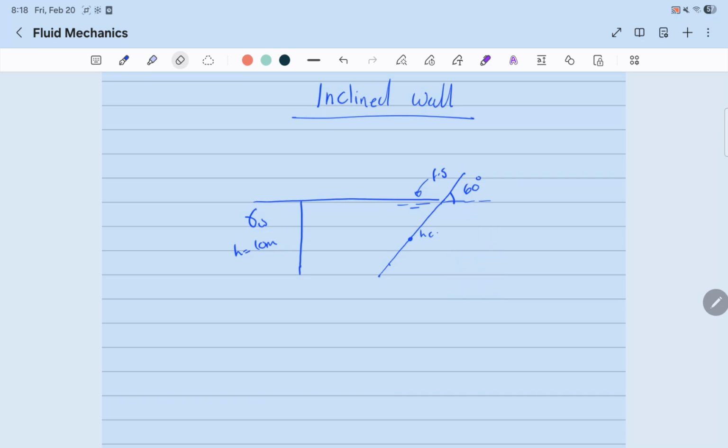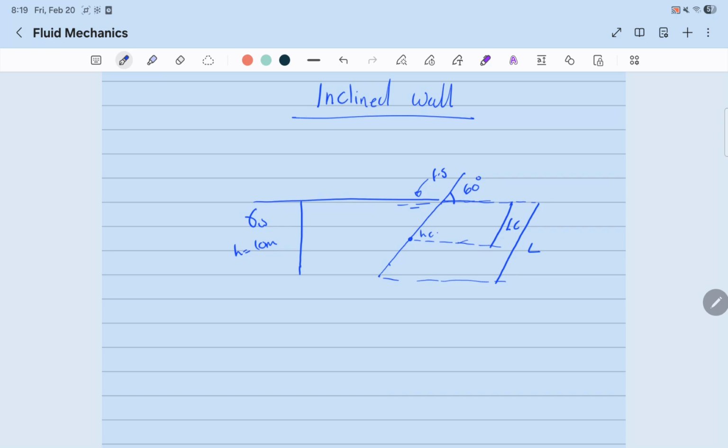The length of this wall is called L, as I mentioned before, and the length from the surface to the centroid is LC.